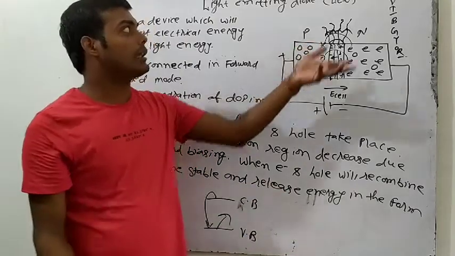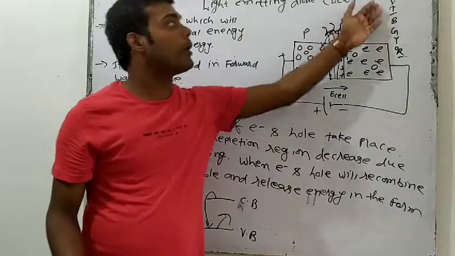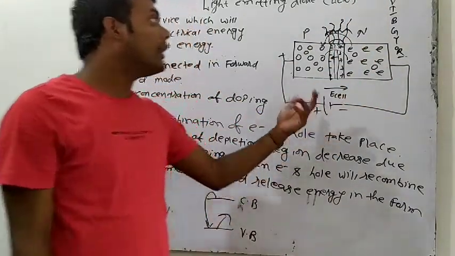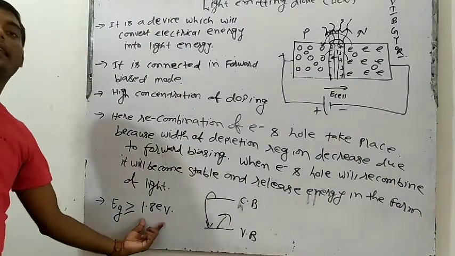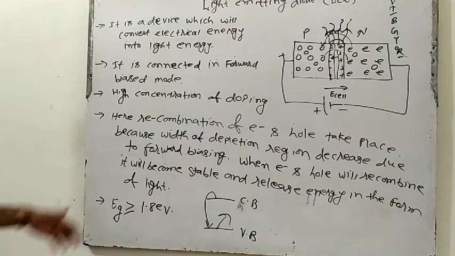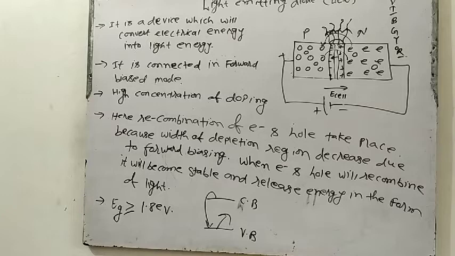So we want to see that light. That means we can see only when this is visible light. LED can be of different color, that is depending on their frequency. So forbidden energy gap must be greater than or equal to 1.8 electron volt. Is it clear?